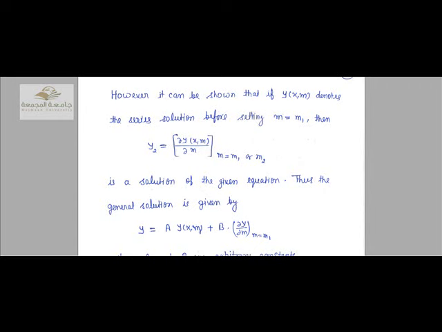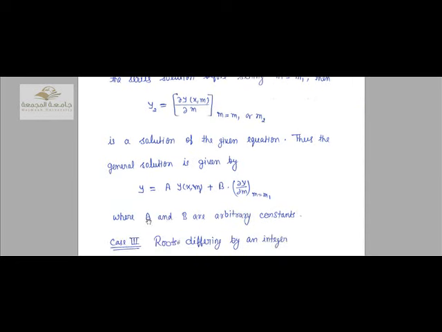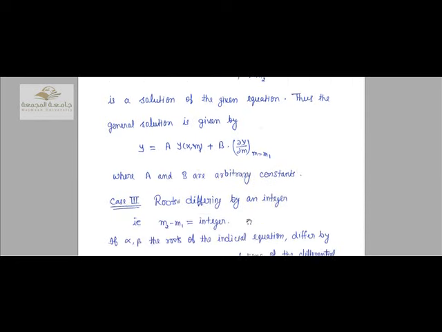Thus the general solution is given by y is equal to a y(x, m1) plus b del y over del m at m is equal to m1, where a and b are arbitrary constants.